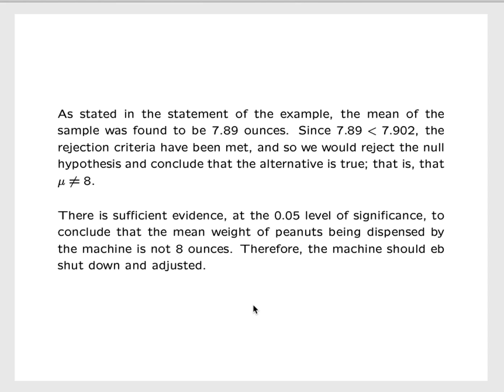Putting this back into the language of the problem, there is sufficient evidence at the 0.05 level of significance to conclude that the mean weight of peanuts being dispensed by the machine is not 8 ounces, and therefore the machine should be shut down and adjusted.